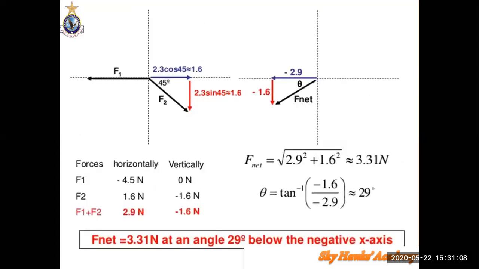F1 is a horizontal force and F2 has vertical components, so the rectangular components of the vectors are used here, and we resolve these forces into their rectangular components. The net force is 3.31 newtons and the angle is 29 degrees below the negative x-axis. So this is the whole geometry of this. I will send you all these slides so you can make the calculation in your own time.